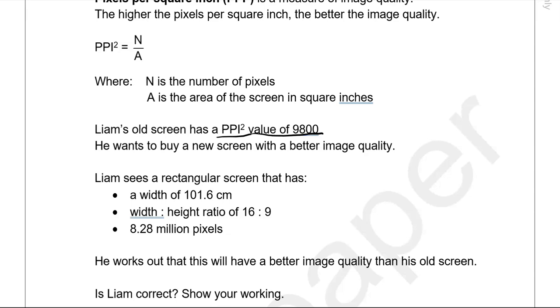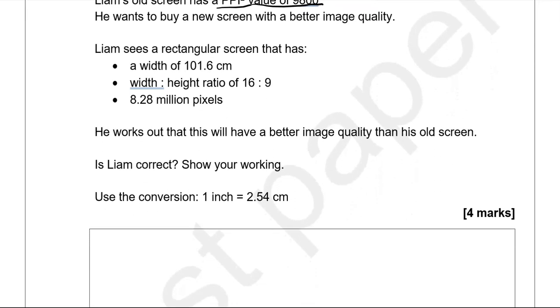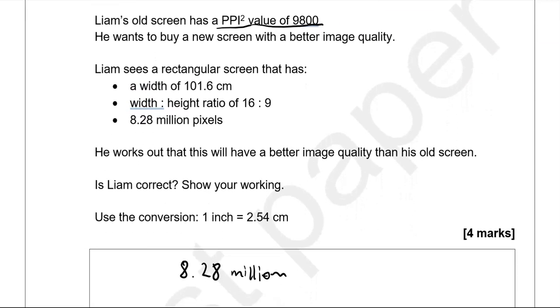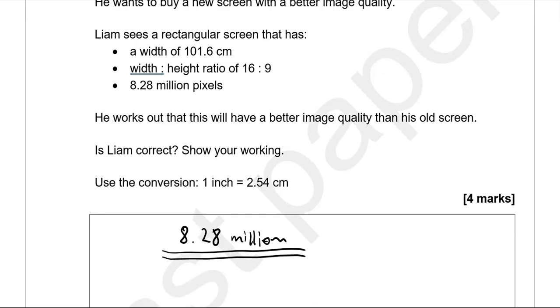So number of pixels is 8.28 million pixels, and we can divide that by the area. But what is the area equal to?